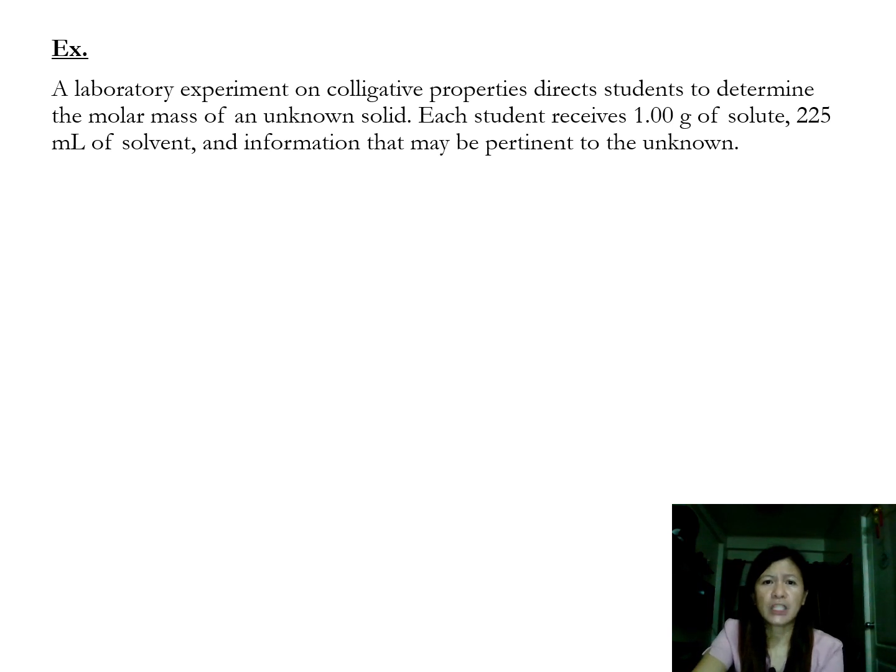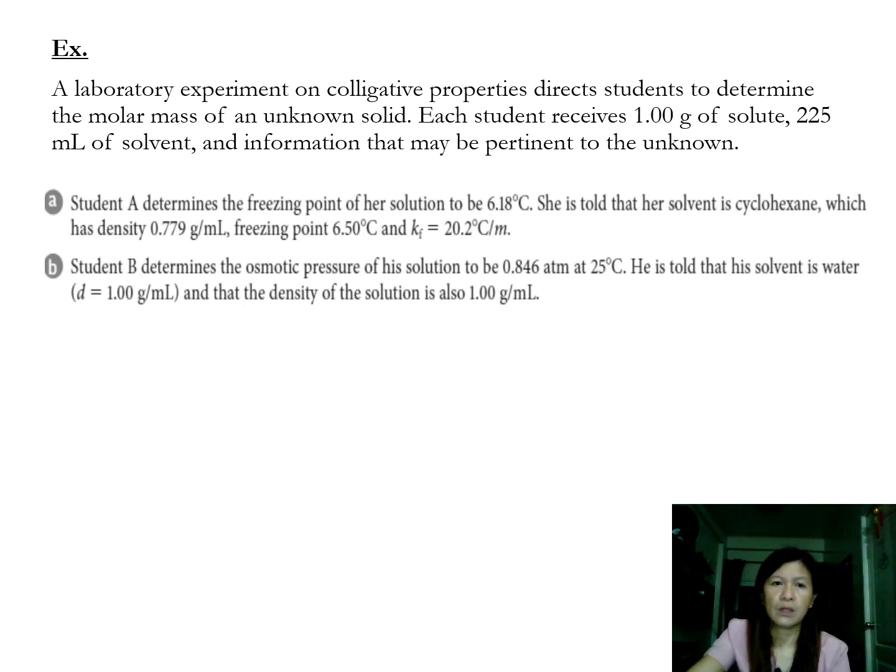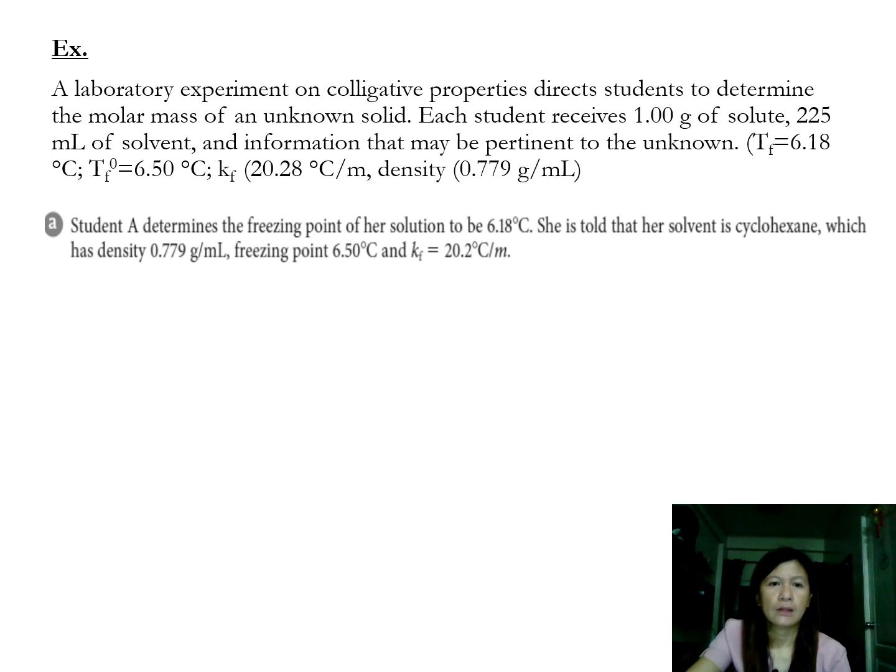A laboratory experiment on colligative properties directs students to determine the molar mass of an unknown solid. Each student receives 1 gram of solute, 225 ml of solvent, and information that may be pertinent to the unknown. So there are 2 students. Student A determines the freezing point of her solution to be 6.18.